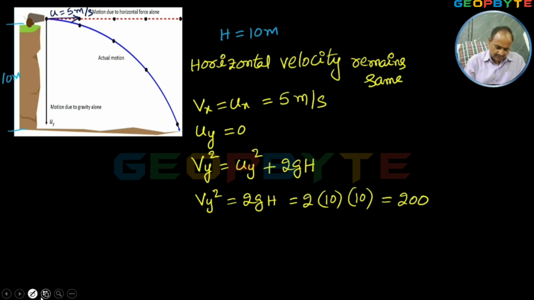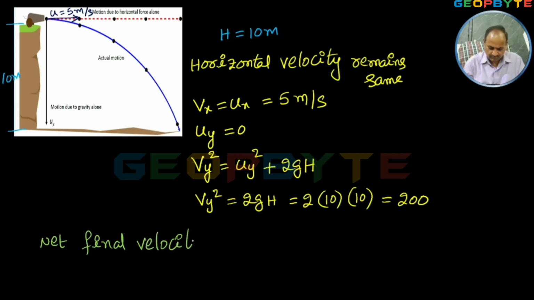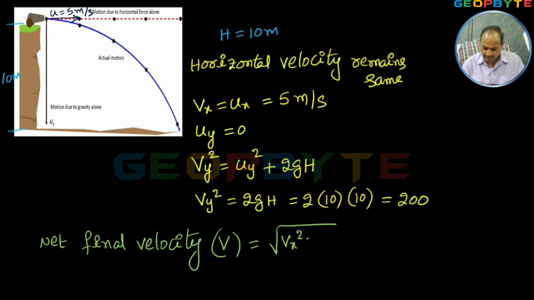Then what is the net velocity? Net final velocity. Let me write it clearly. v equal to root of vx square plus vy square.